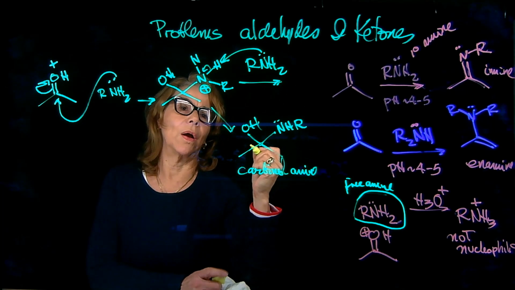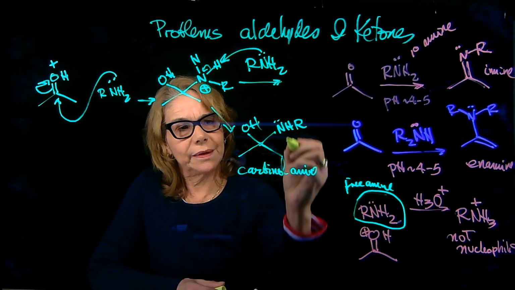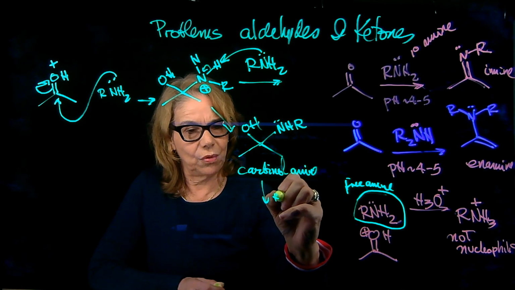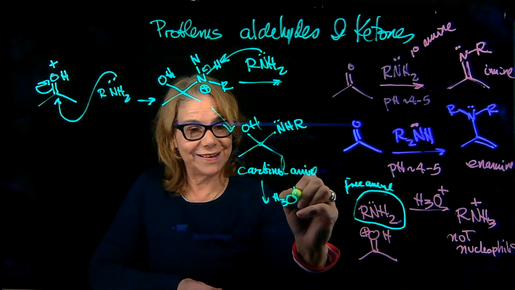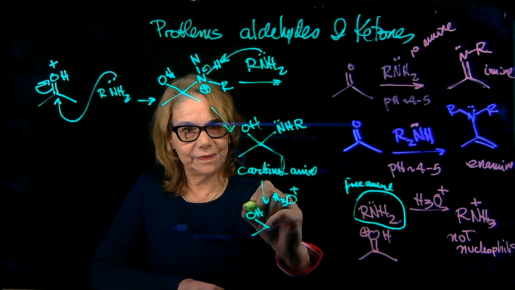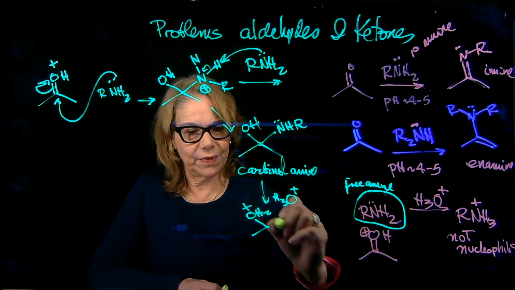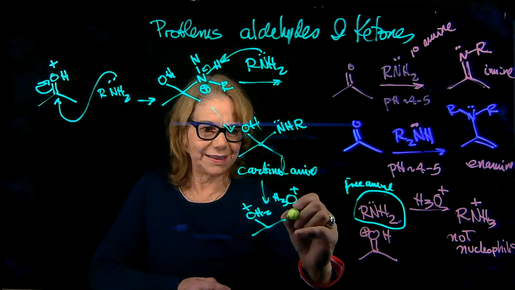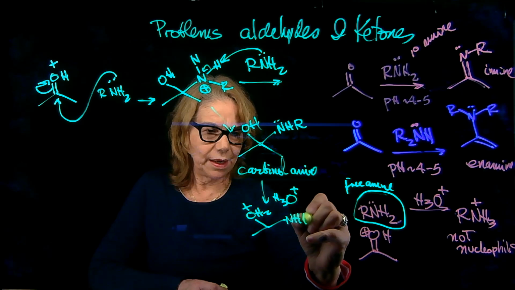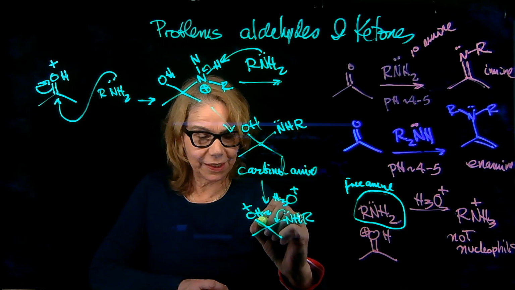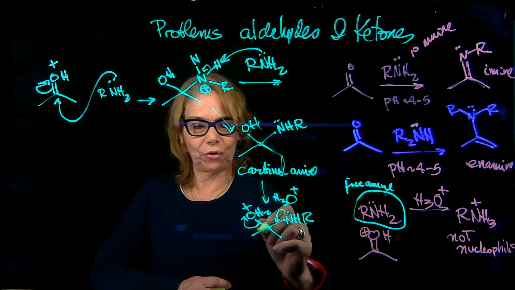Next, I'm going to protonate the O. We know that's a lot of steps, so I'm not going to do that overly this time, since I already had it protonated in this step. And now I'm going to form this double bond, and water is a good leaving group.